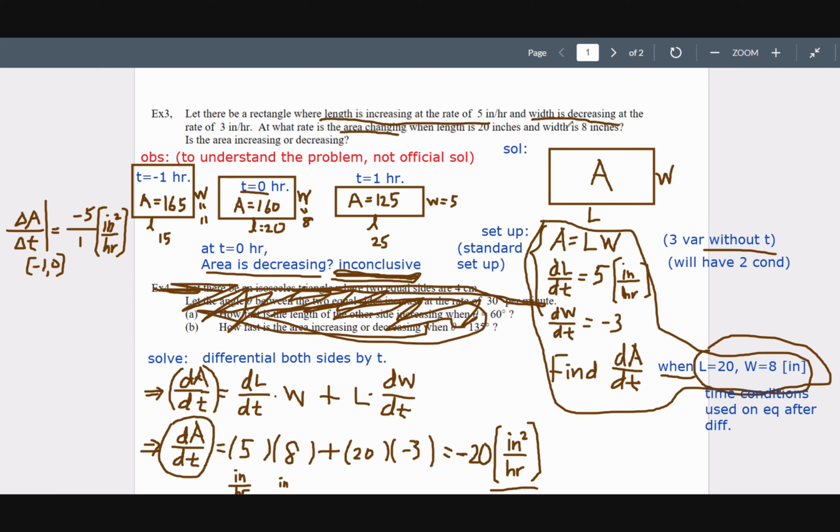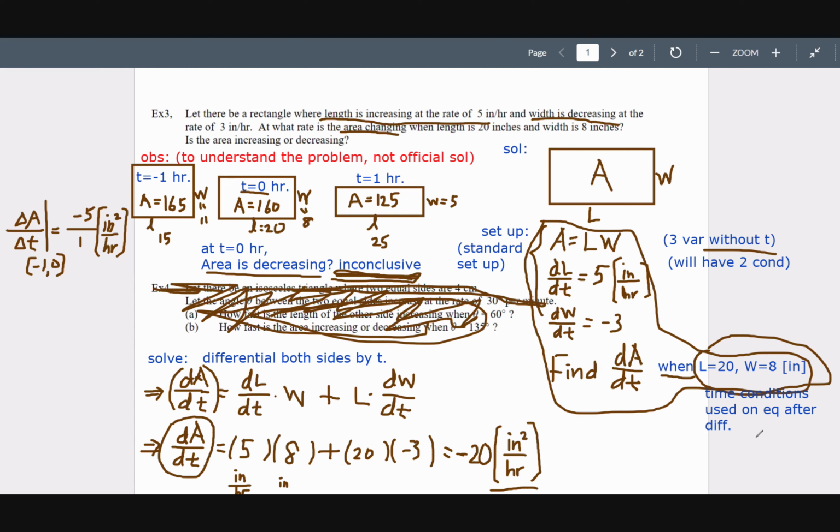And all the length units have to be uniform too. Here, throughout the entire problem, all the length units are inches. So all the length or distance units must be uniform, and all the time units must be uniform as well. In this case, throughout the entire problem, the unit of time is hours.